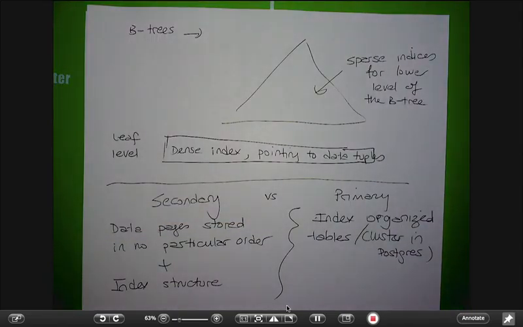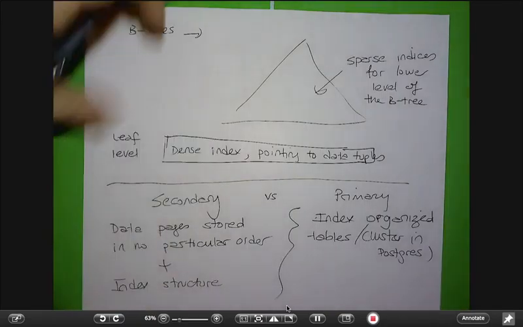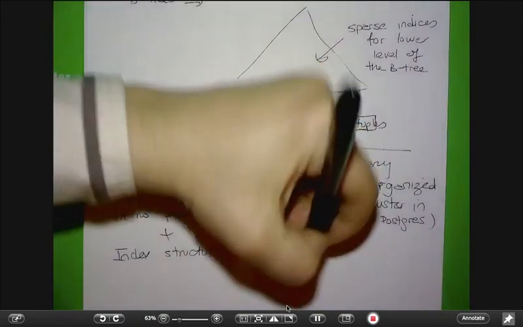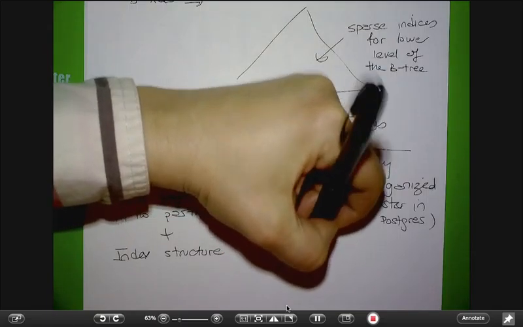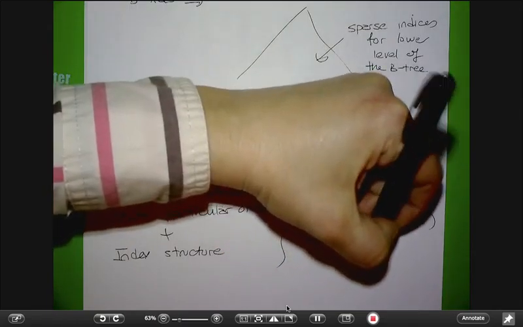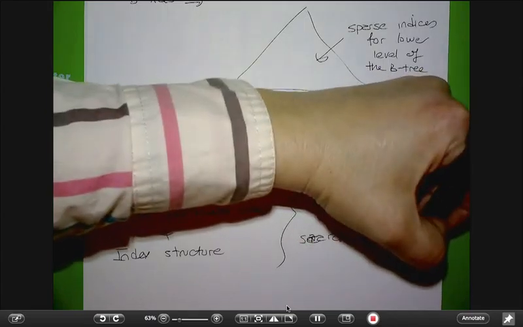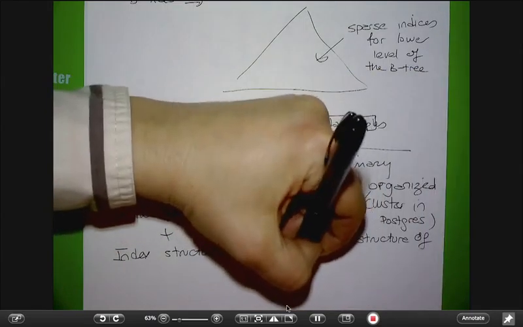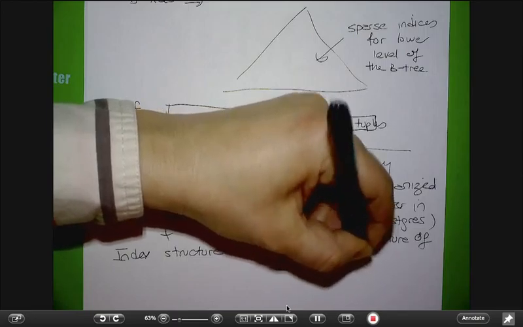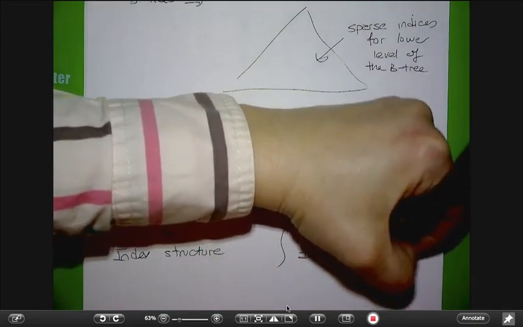Which basically is an index on the top, but at the leaf level, you actually have the data. So basically, you build an index in the same way that we have, but at the leaf level, you actually store the data tuples. So you have basically a search structure of an index, plus you store data tuples at leaf levels.